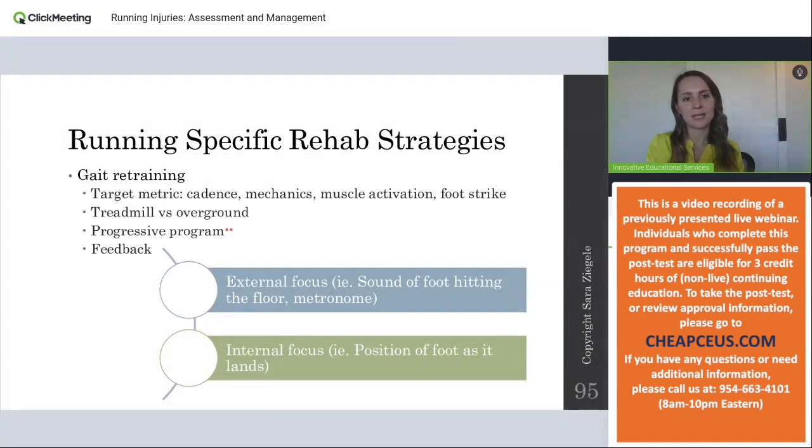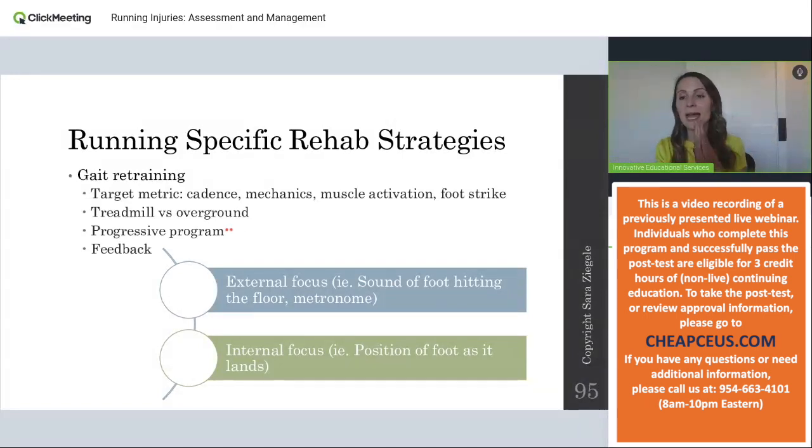We do want it to be very progressive with gait retraining. I think sometimes people underestimate how much muscle activation changes when we do a gait retraining program. And in that, we need to think about it almost like we're building up a return to running program with gait retraining. So if we're running, let's say 30 minutes, and I want someone to increase their cadence, I don't expect them to increase their cadence for 30 full minutes.